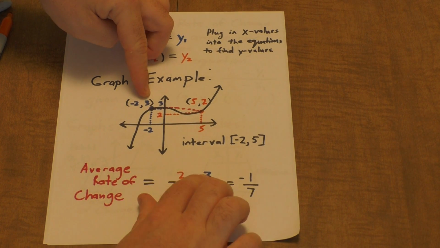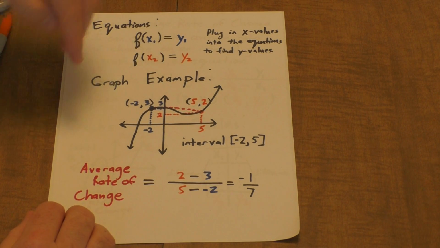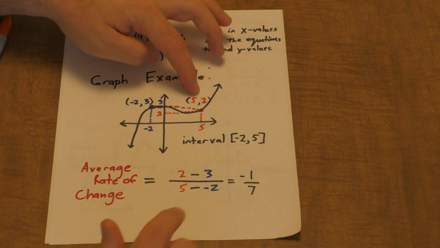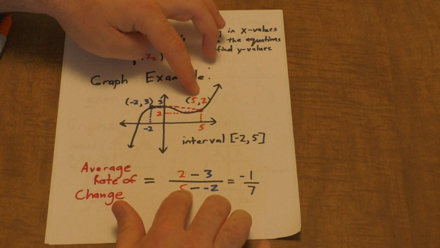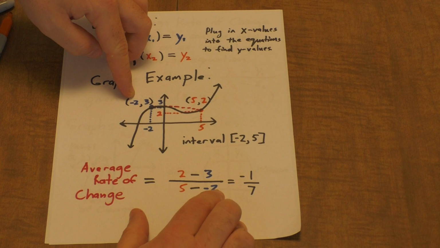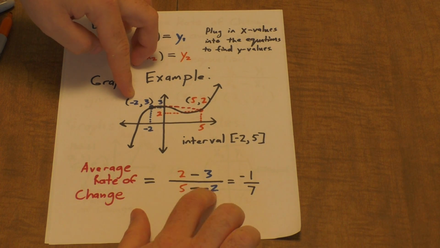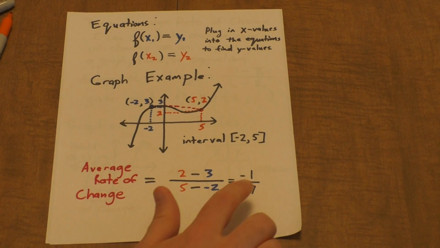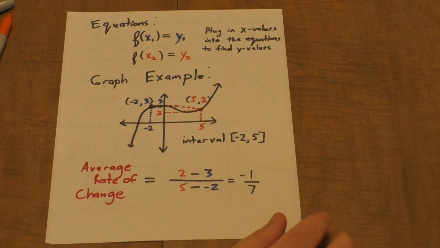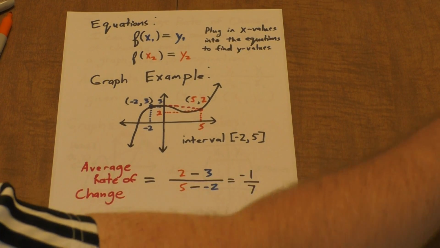So that's where I get 2 minus 3. There's a difference right there. Okay? x2 is 5. Minus x1 is negative 2. 5 minus negative 2 is positive 7. The average rate of change is negative 1/7 in this case.